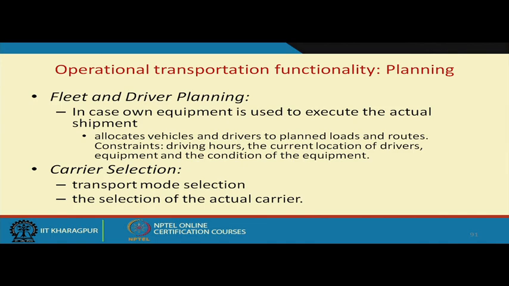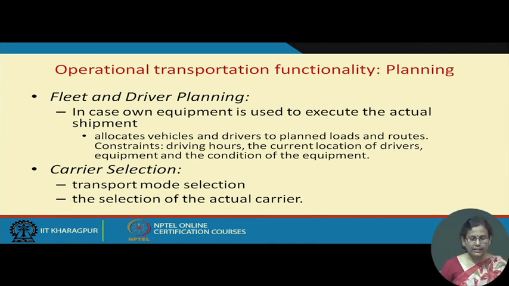Then two more activities under this are fleet and driver planning. In case your own equipment is used to execute the actual shipment, you are allocating vehicles and drivers to planned loads and routes. It takes care of many constraints such as driving hours.